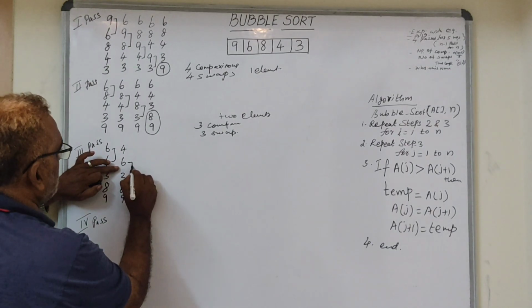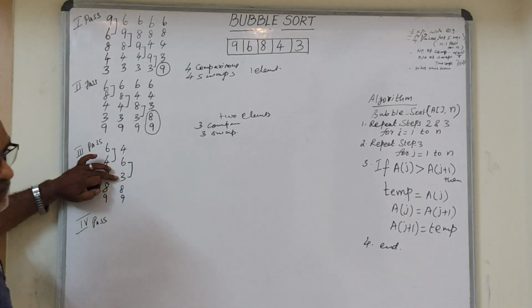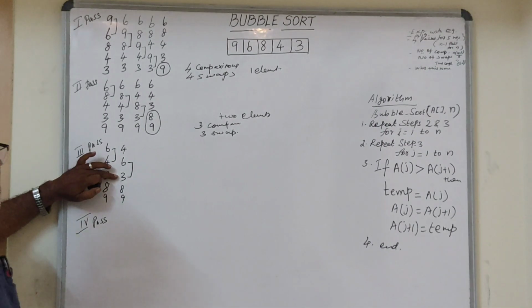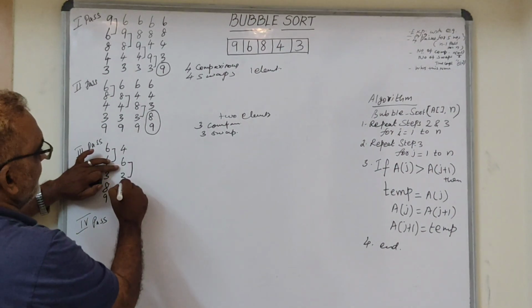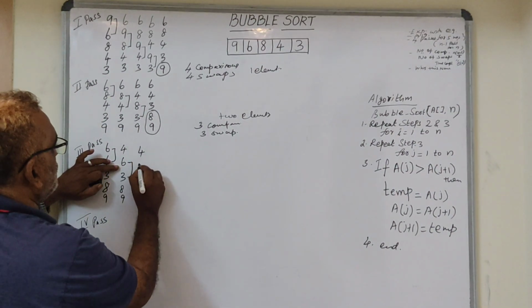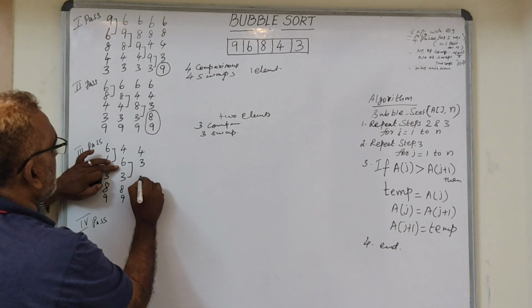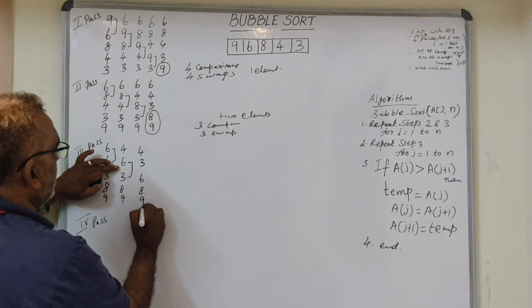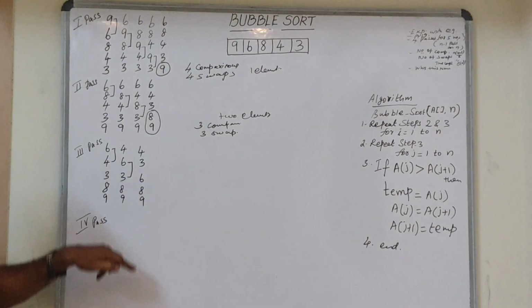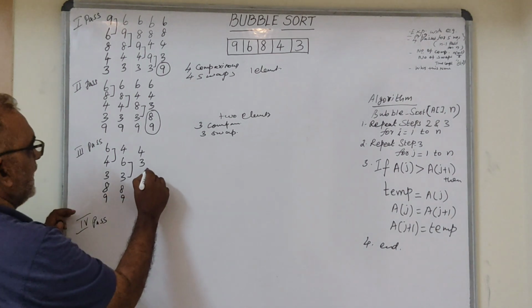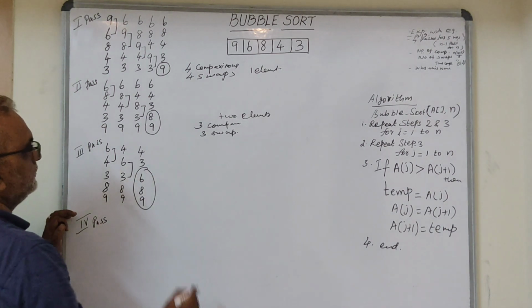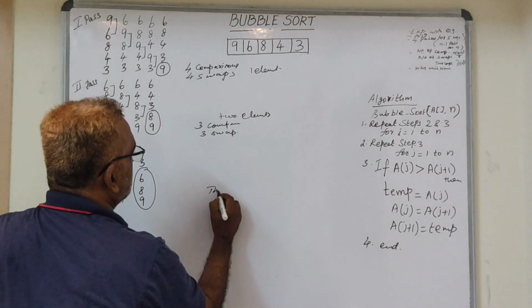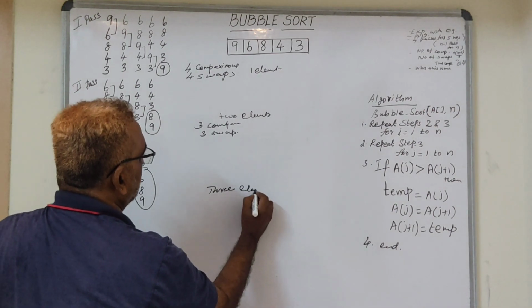Now this is a of j and this is a of j plus 1. Again do the comparison: 6 is greater than 3, so the 3 will go here and 6 will come here. 8, 9. So now we can find that the last 3 elements are sorted.